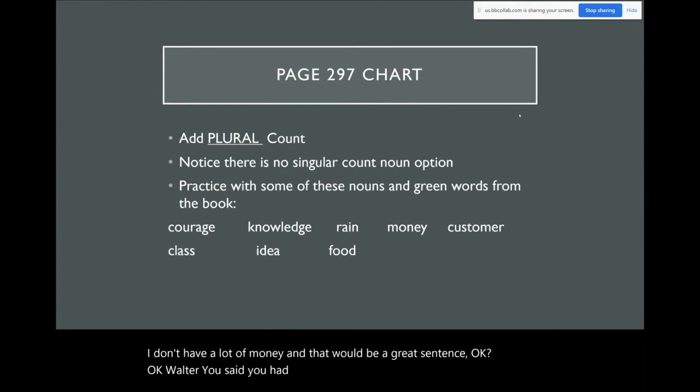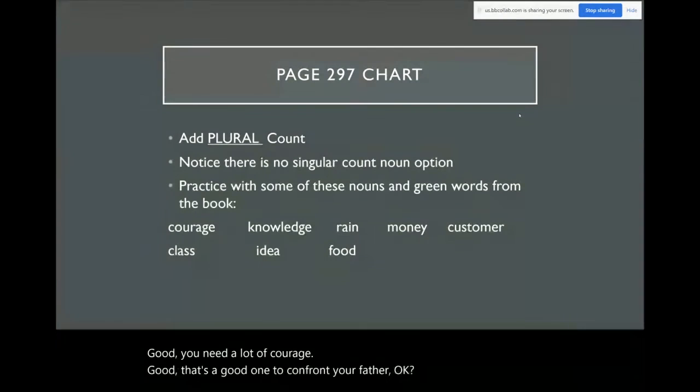Go ahead. You'll need a lot of courage to confront your father. Good. That's a good one.